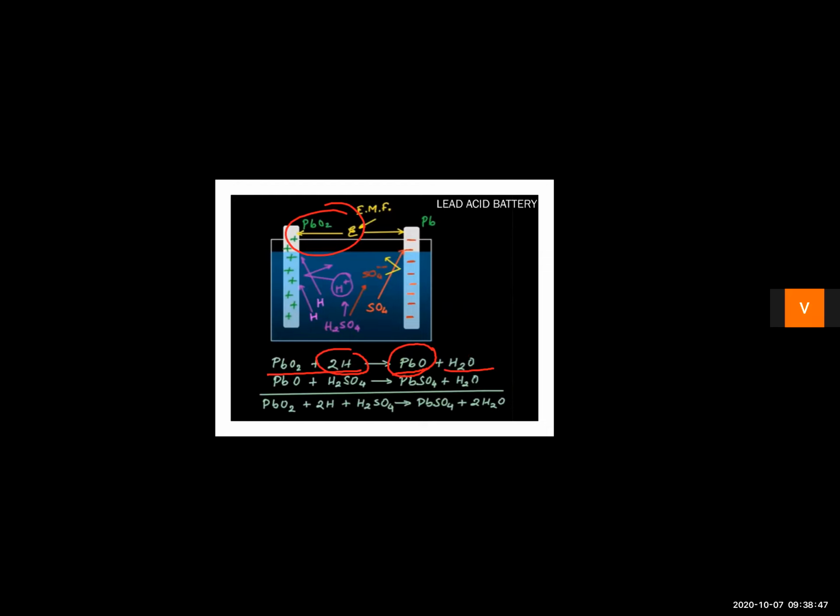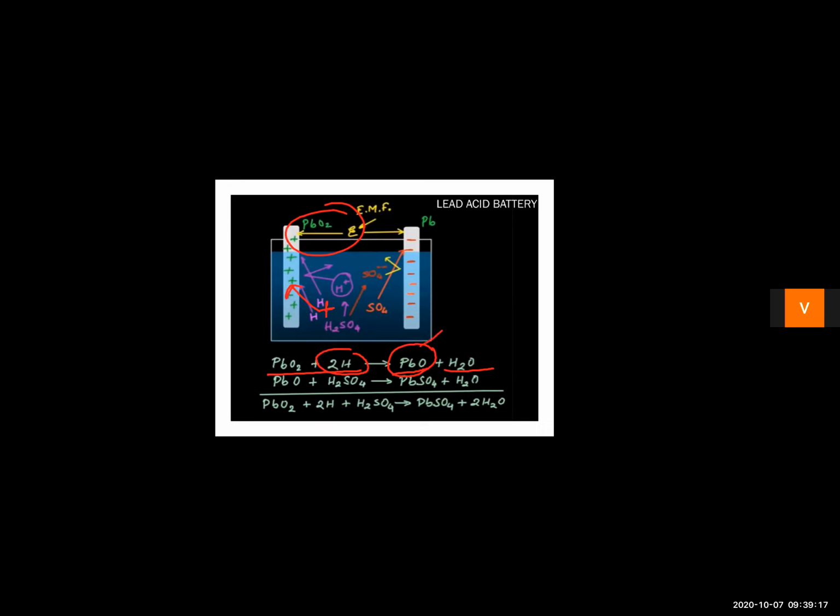So the positive hydrogen ions react with the lead dioxide plate and leave their positive charges on that plate, and they become nascent hydrogen, which is very, very reactive, and it reacts with the PbO2 plate and forms PbO, that is an intermediate product.